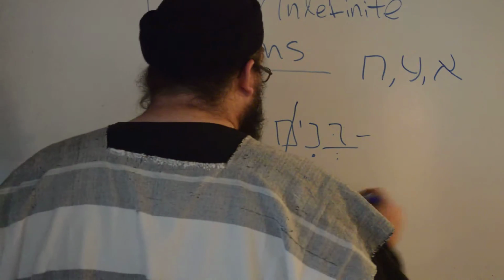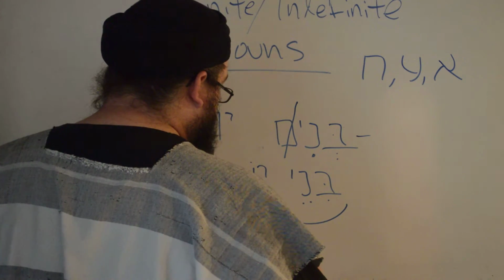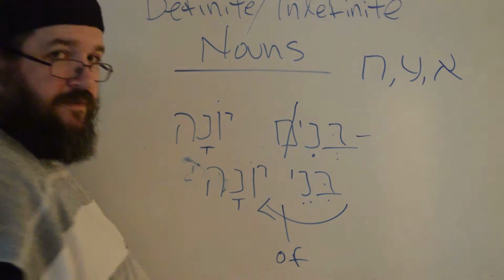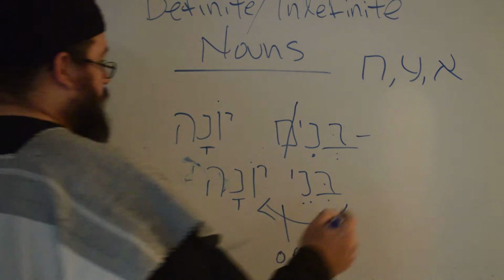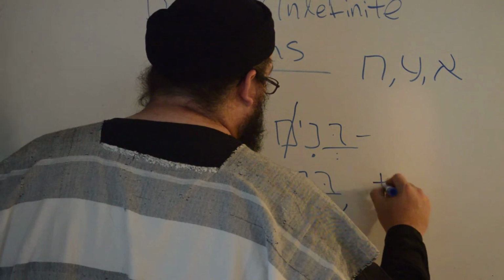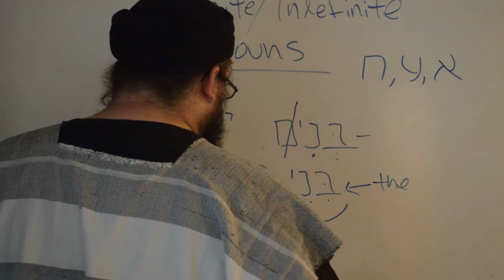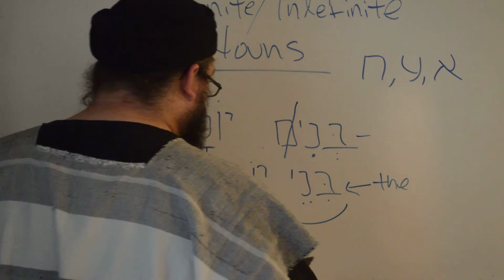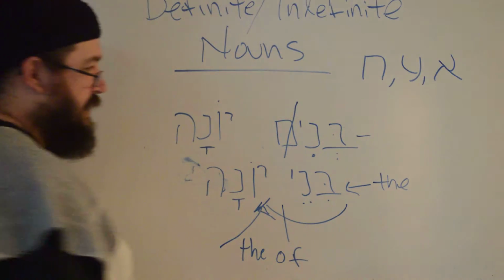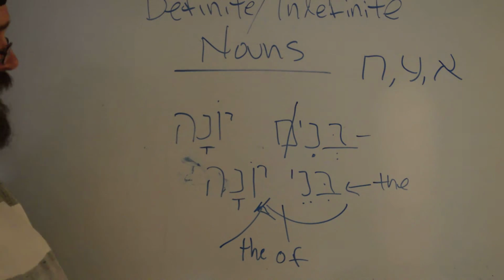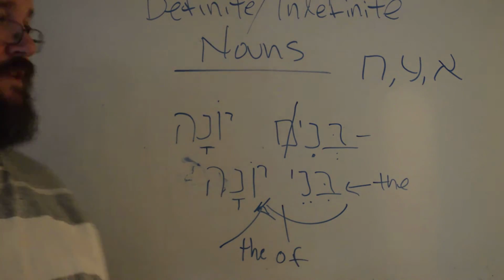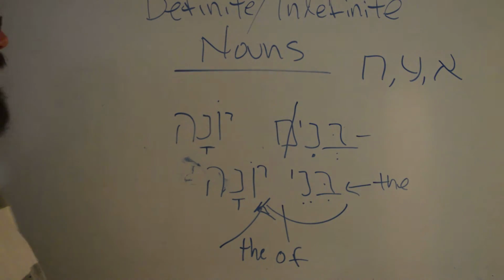So of course you have to know that in here is this indivisible word of, and you have to know that you need to put the in front of here and the at the back. Kind of funky when you're translating, but it's easy to at least identify the definite nouns, okay?